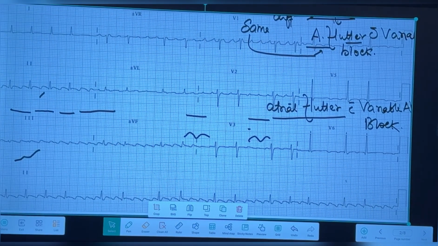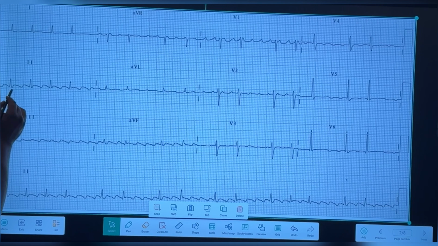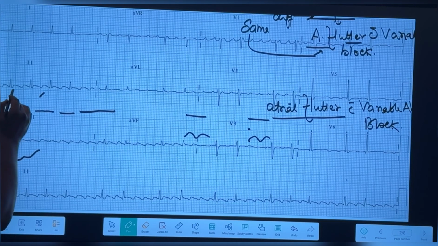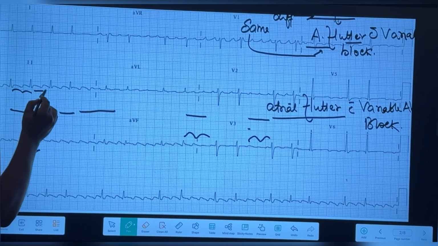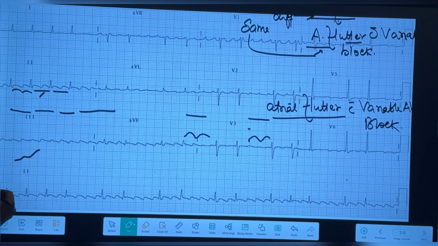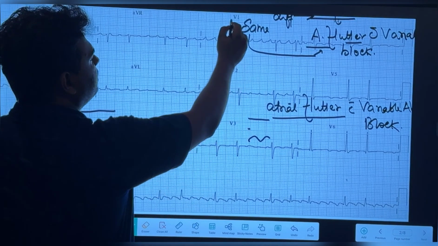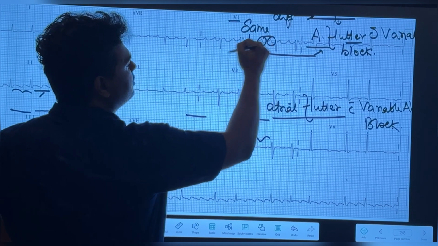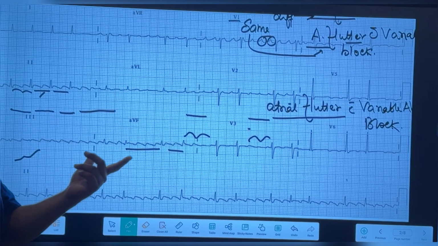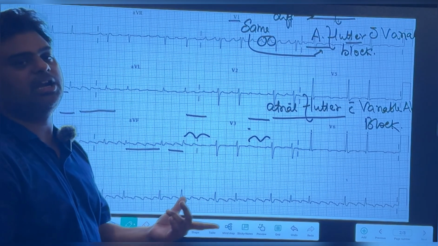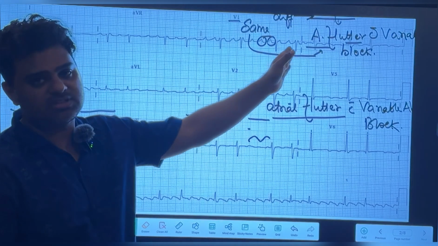Now we'll look for the sawtooth pattern. If you see, this is the sawtooth pattern. In lead 2, we see the sawtooth pattern, and even in AVF we are seeing the sawtooth pattern. And in V1, the P waves are erect. So that means it is again counterclockwise CTI dependent, because in V1 the P wave is erect.